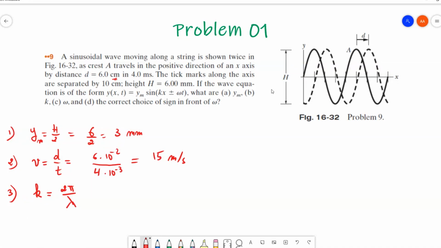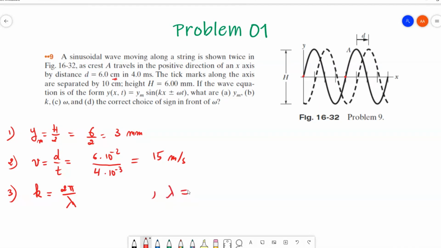We need to take any point, let's say this one, and go to the same point in the same direction until here, not this one. It's until here because we need to go in the same direction. Here we are going up, here we are going up. So all this distance will make lambda. So this one is by definition lambda.